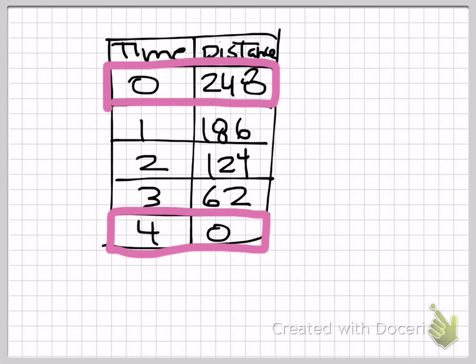I just need to determine which is the x and which is the y. So this, again, we've done before. We need to think about whether it's an independent variable or a dependent variable. So think about the time it takes to travel a certain distance. Well, the time it takes to travel that distance is going to depend on how many miles it takes to get there.